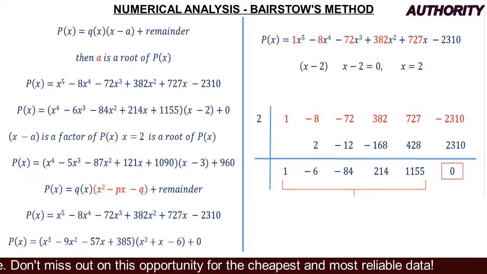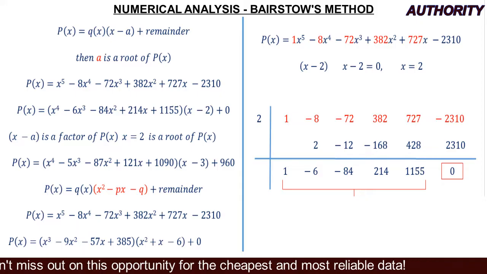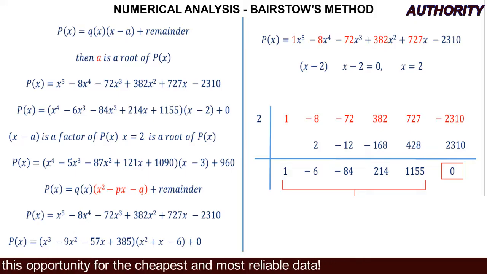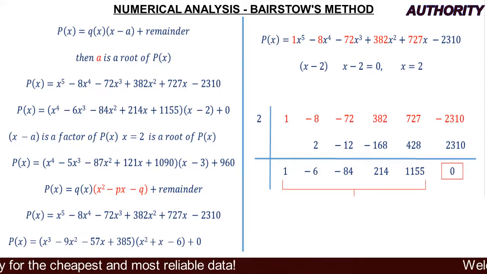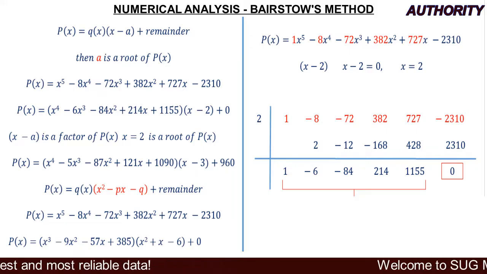Now you add together, that is 382 minus 168, which gives you 214. Now this 214 multiplied by the divisor, which is 2, is going to give you 428. Now you add together 727 plus 428, which gives you 1155. Now 1155 multiplied by 2 is going to give you what?